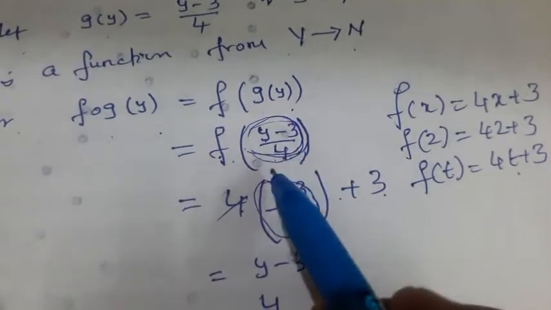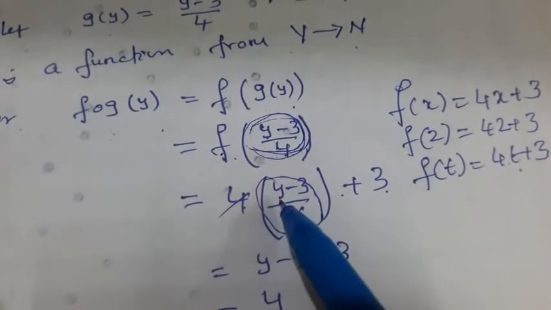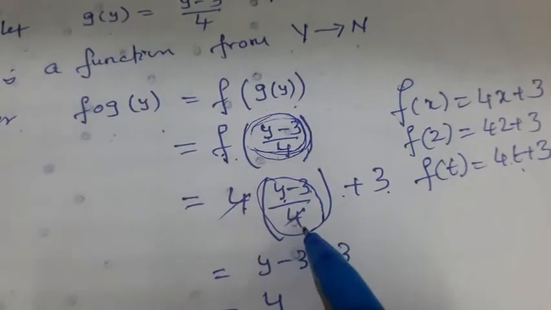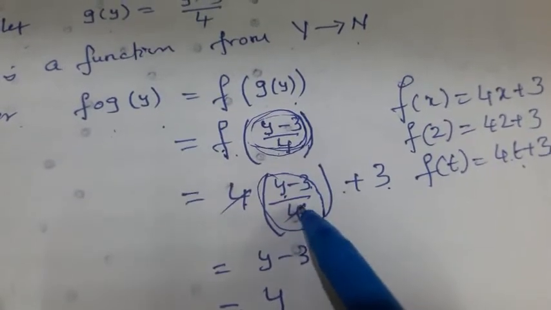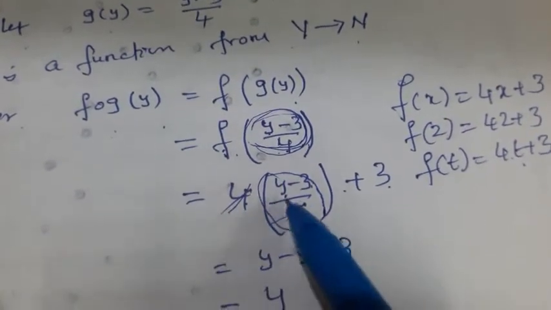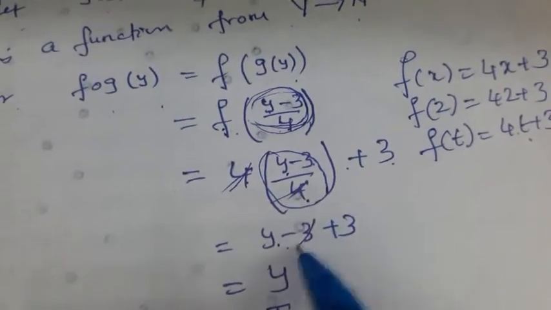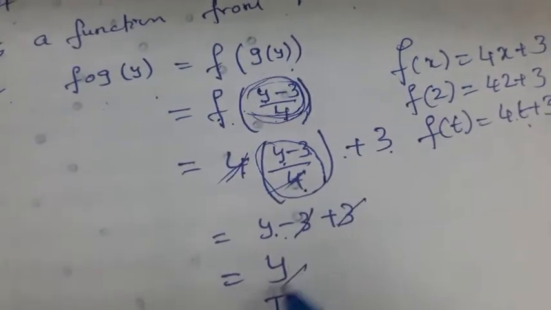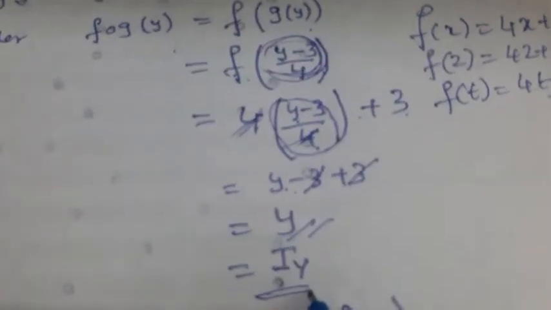That means in place of z or x or t, you have to replace it by (y minus 3) by 4. Once you substitute this, 4 cancels, and what will remain? Y minus 3 plus 3. And next step, 3 gets cancelled, and what will remain? Y, which is an identity function.